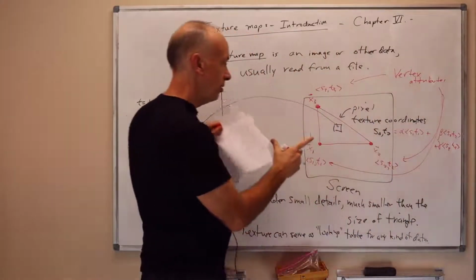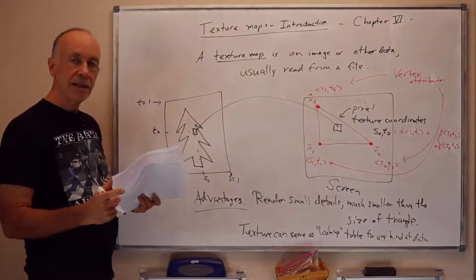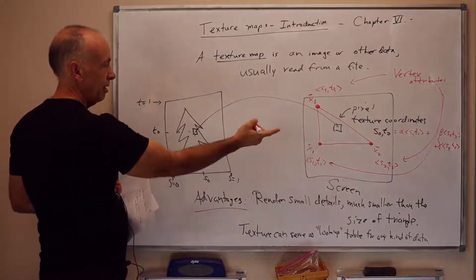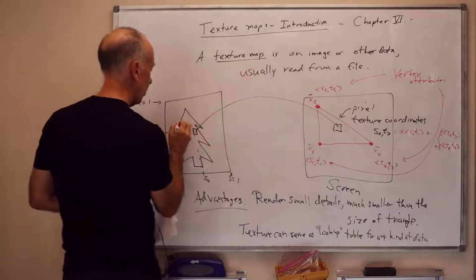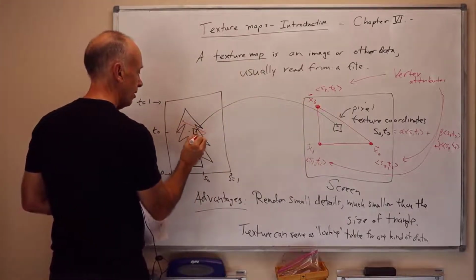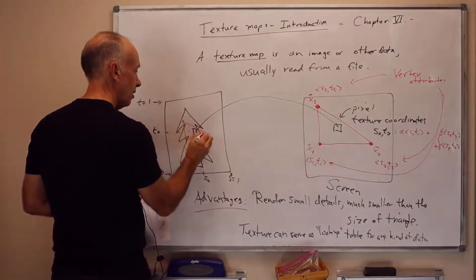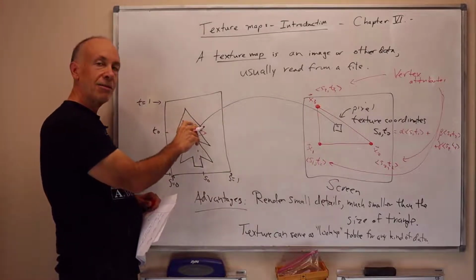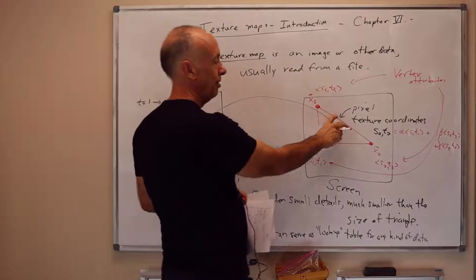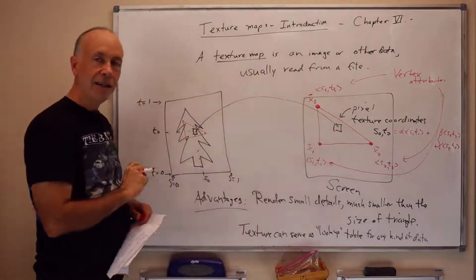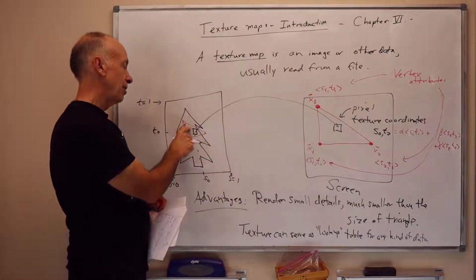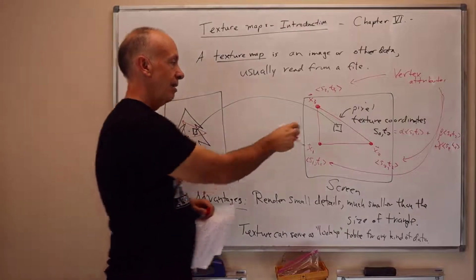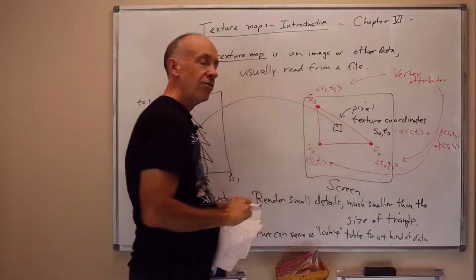And in this way, although the triangle is much bigger than the details on this picture, the pre-image of this triangle would correspond to some points over here in the texture map. And we would pick up the colors from the pixels inside the texture map and put them onto the pixels on the screen, thus able to render small details from the image onto the screen, even though we've drawn a big triangle.